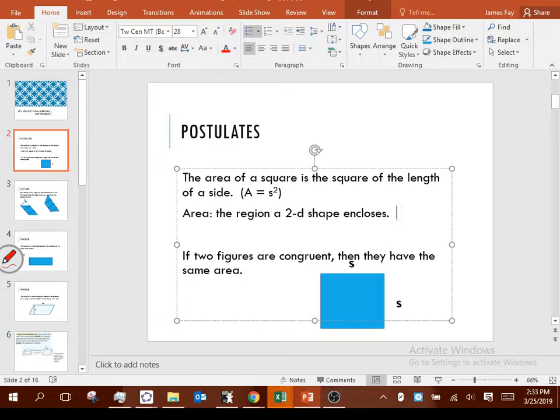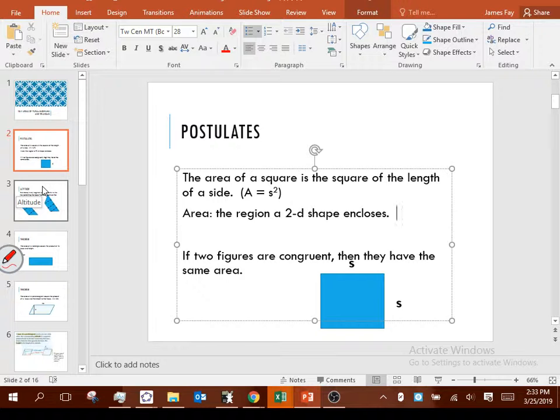Therefore, my areas are going to be the same. If I had two squares that both had side lengths of S, and you used S squared on both of them, you're going to get the same result. So that's the foundation of what we mean by area and the tools we're going to use to determine area.